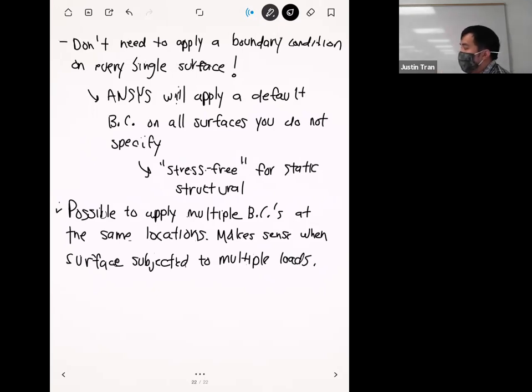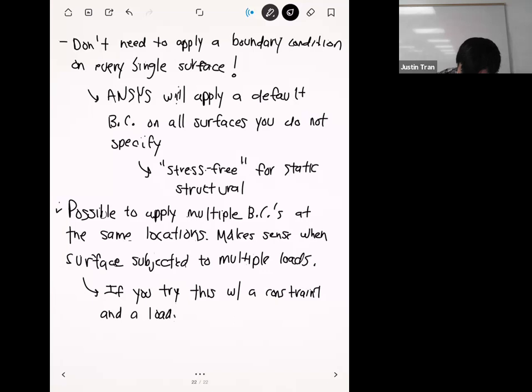What's not possible is that if you try to apply a constraint and a load at the same time, the constraint is going to win. Okay.